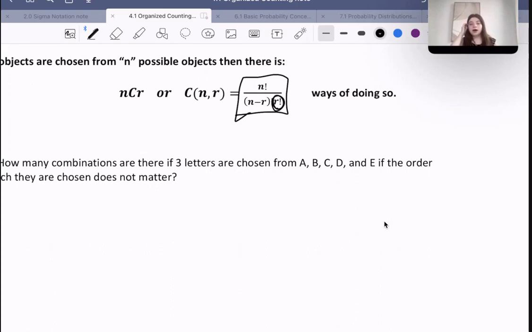Now, why would we divide by r factorial? Well, because the order doesn't matter. In the permutation case, the order does matter. But if we divide by r factorial, the number of ways all of these things can be swapped around, then of course we're going to get all the combinations where the order doesn't matter.